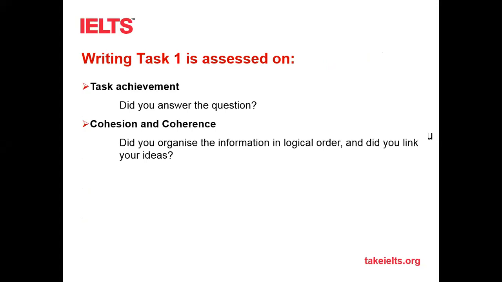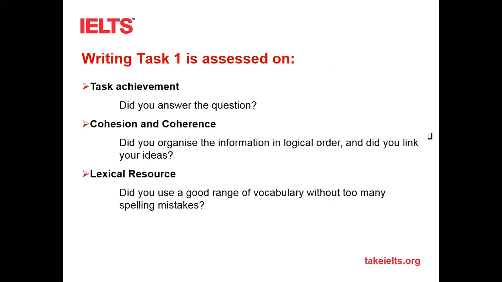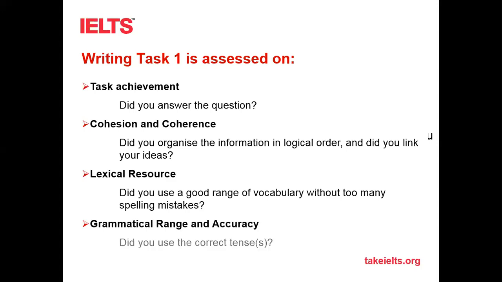How well did you link your ideas? Lexical resource, this is to do with your vocabulary. Did you use a good range without too many spelling mistakes? And lastly, grammar, range, and accuracy. Did you use the correct tenses? Is the letter referring to the past, the present, or the future?